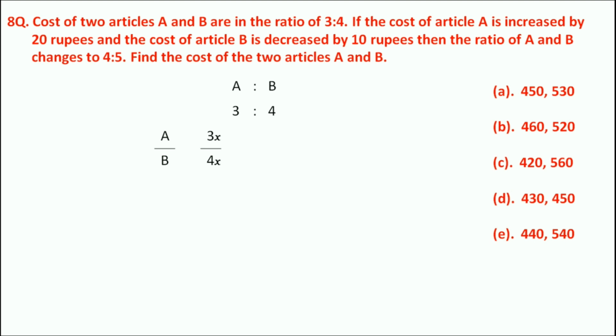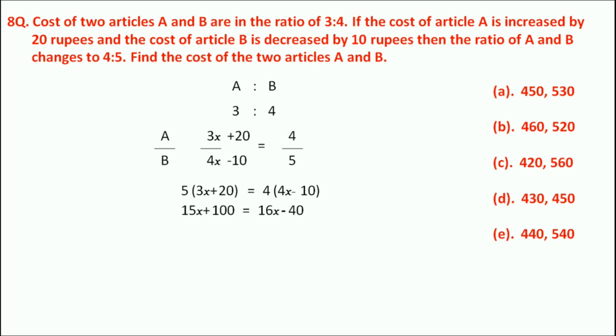It is also given that if the cost of article A is increased by 20 rupees and the cost of article B is decreased by 10 rupees, then the ratio changes to 4:5, that is 4 by 5. Cross multiply both the sides of the equation, we get 5 multiplied with 3x plus 20 is equal to 4 multiplied with 4x minus 10. 5 3s are 15x plus 5 20s are 100, is equal to 4 4s are 16x minus 4 10s are 40.